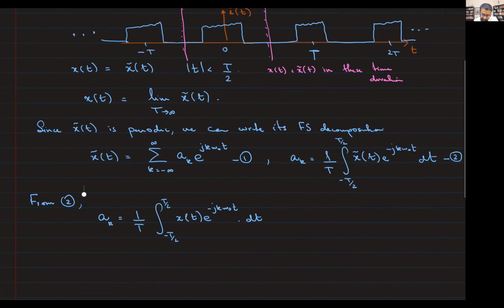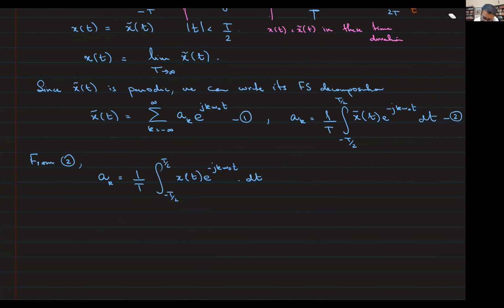So since x of t equals x tilde of t for absolute value of t less than T by 2, I can further write this as 1 upon T, integral from minus infinity to plus infinity, x of t e raised to power minus j k omega naught t dt.